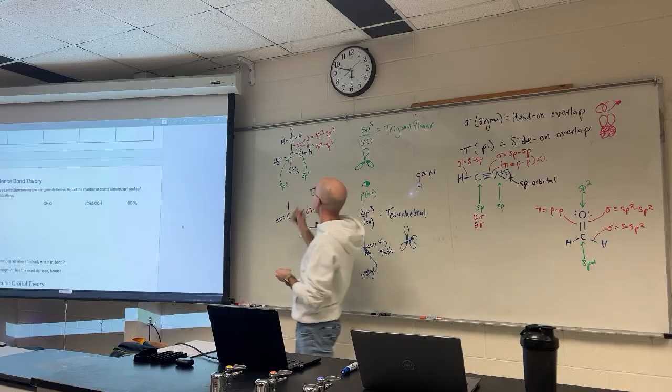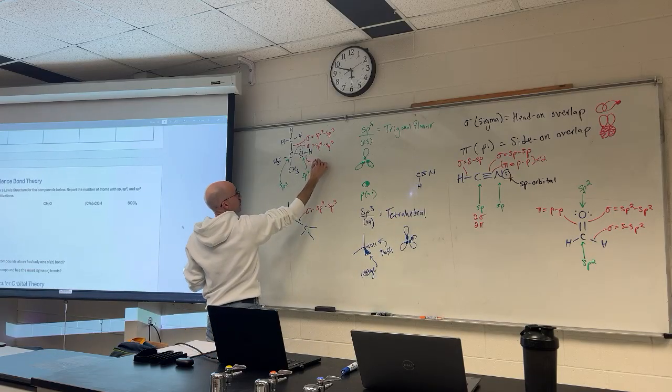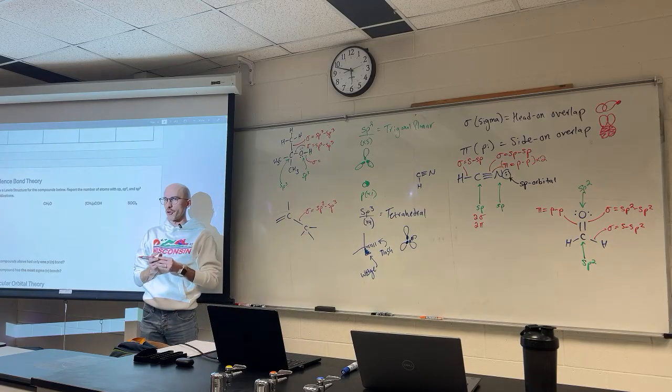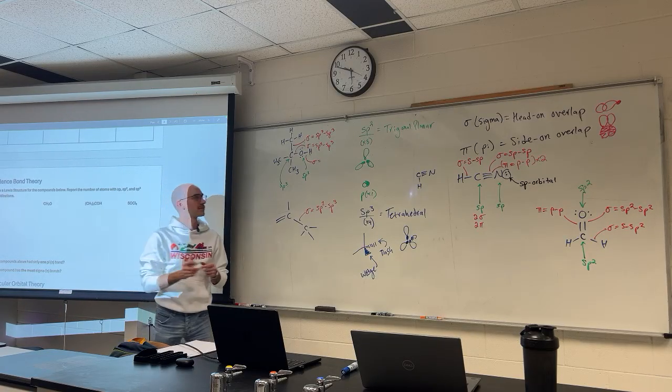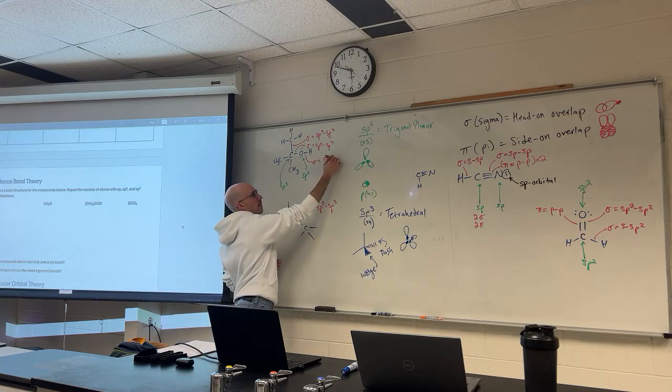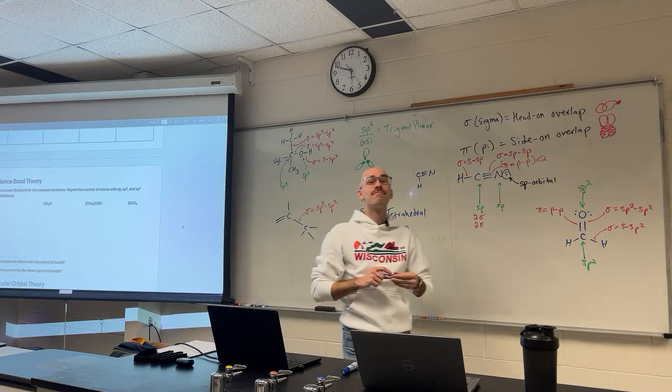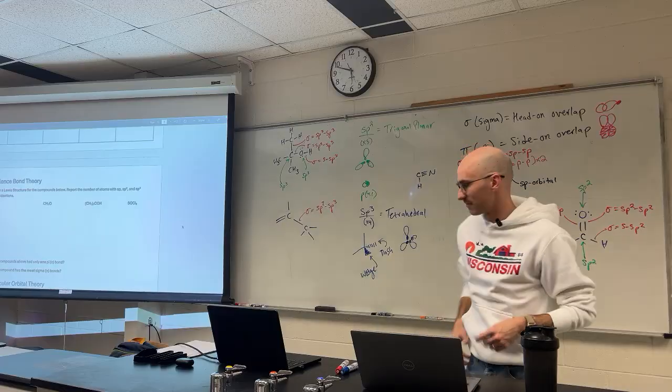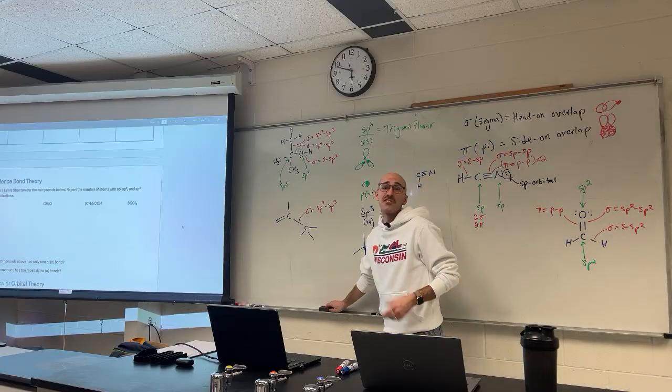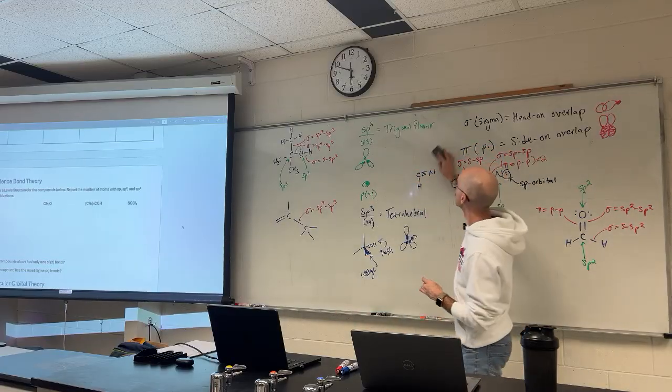Yes, let's do this more. What orbitals overlap to give the OH sigma bond? S to sp3. Great job. Is hydrogen ever anything else? No, it's always going to be s. Hydrogen has no capacity to be anything else.